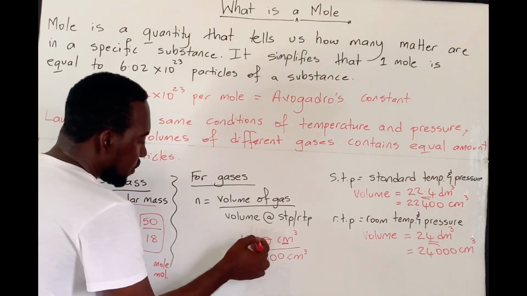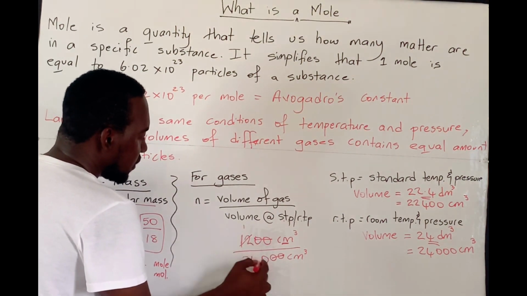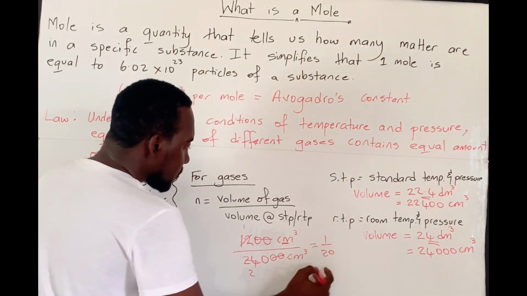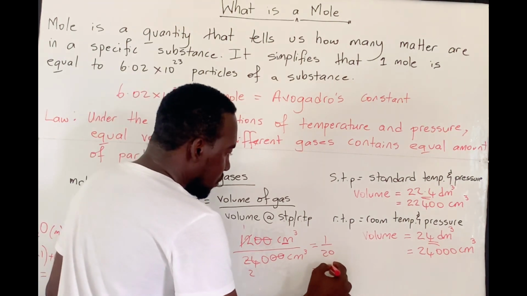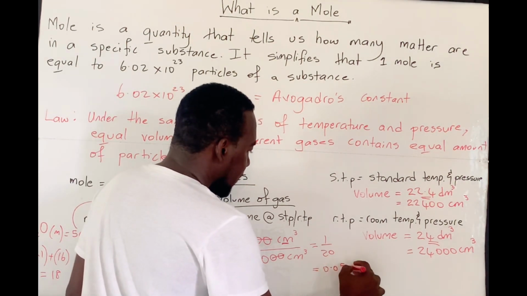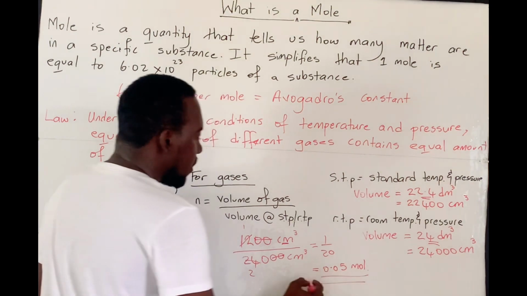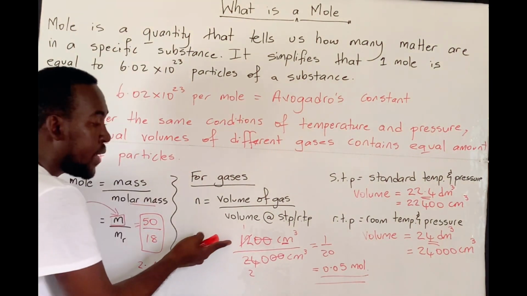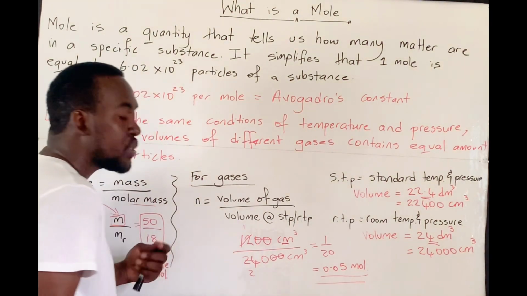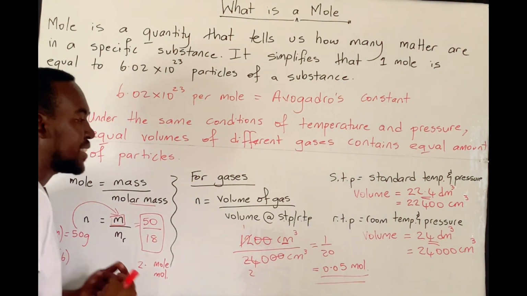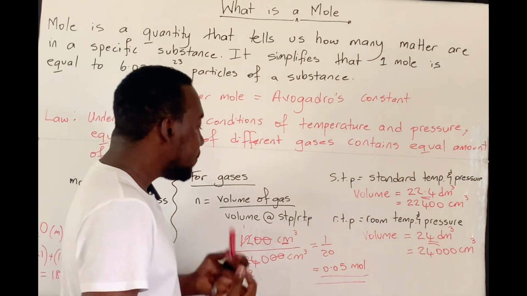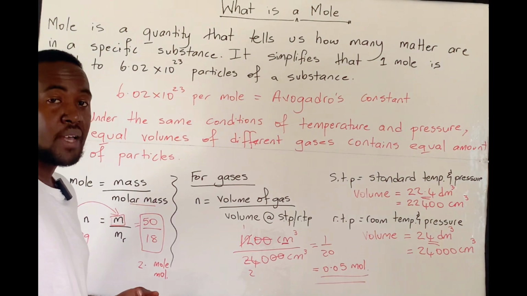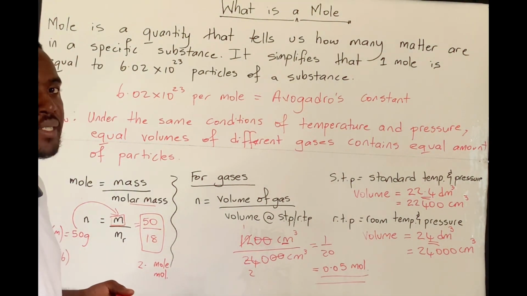Right? So 2 zeros cancel 2 zeros, this would go into this 2 times. So it would be 1 over 20, which would be 0.05. And the unit would be mole. So therefore, what this tells us is that 1,200 cm cube of carbon dioxide at RTP condition will be equivalent to 0.05 mole of carbon dioxide.